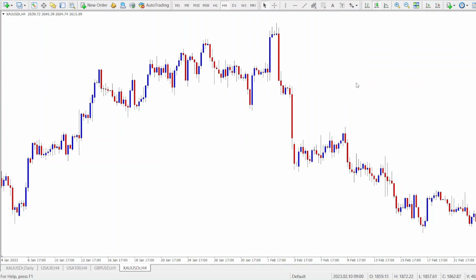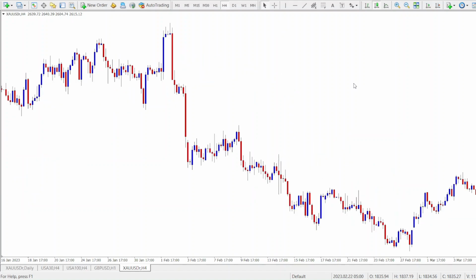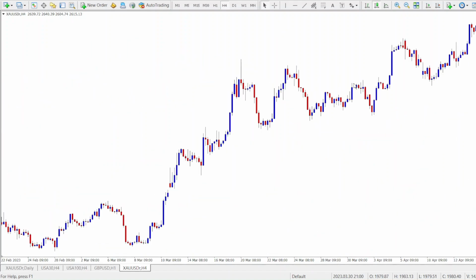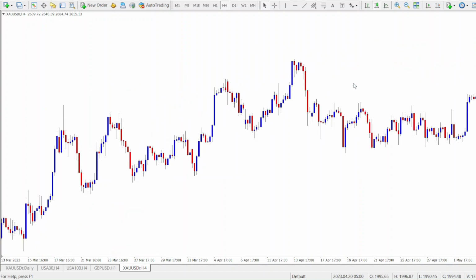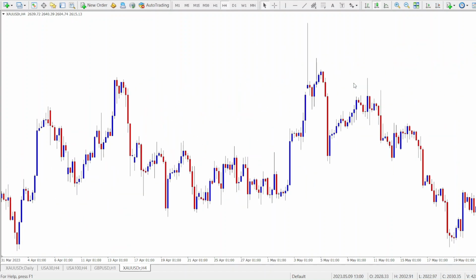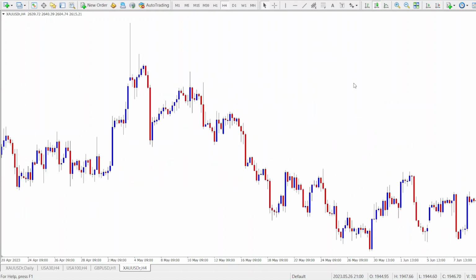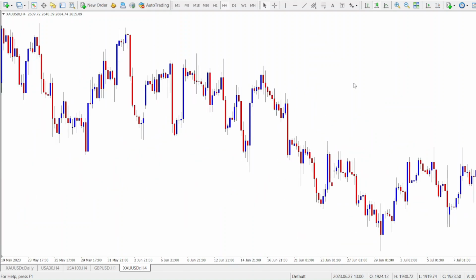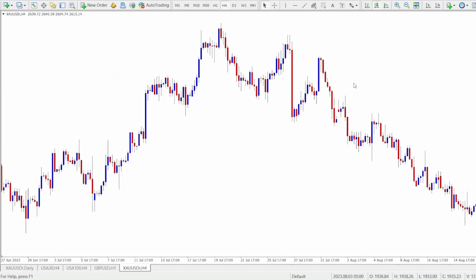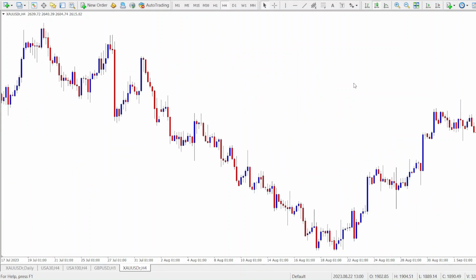Now, another candlestick pattern is the bearish engulfing. Although we have already discussed the bearish engulfing in a previous video, we are just going to look at an example. Okay, I found one example right here.